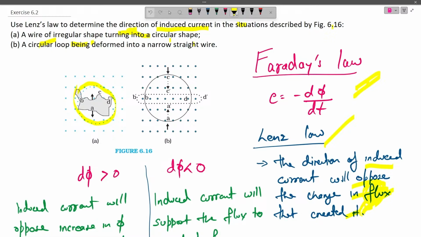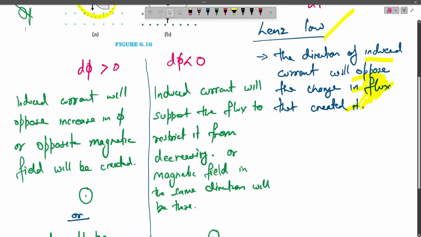So in the first case, when the irregular shaped wire turns into a circular shape, the area will increase, and as flux is defined as B dot A, phi will increase. So the induced current will oppose the increase in flux, or an opposite magnetic field will be created.